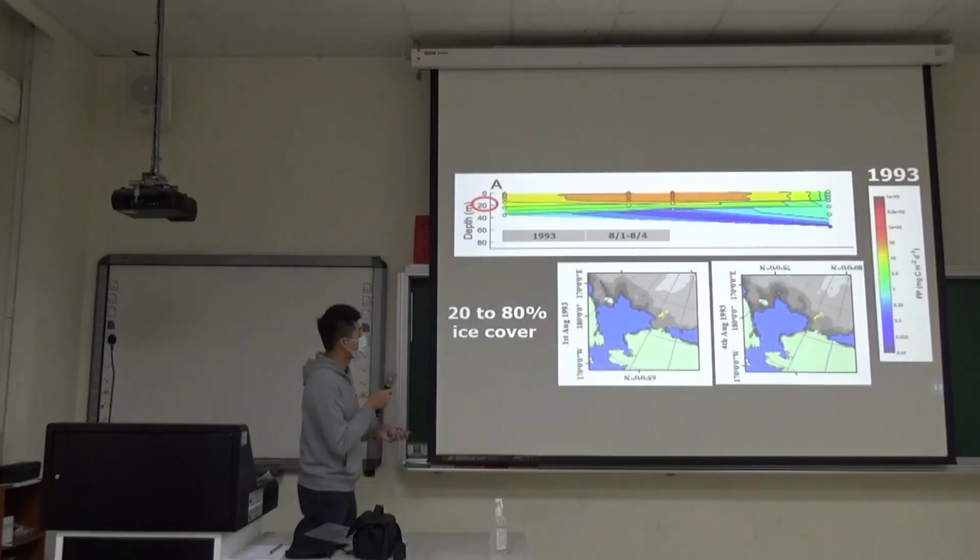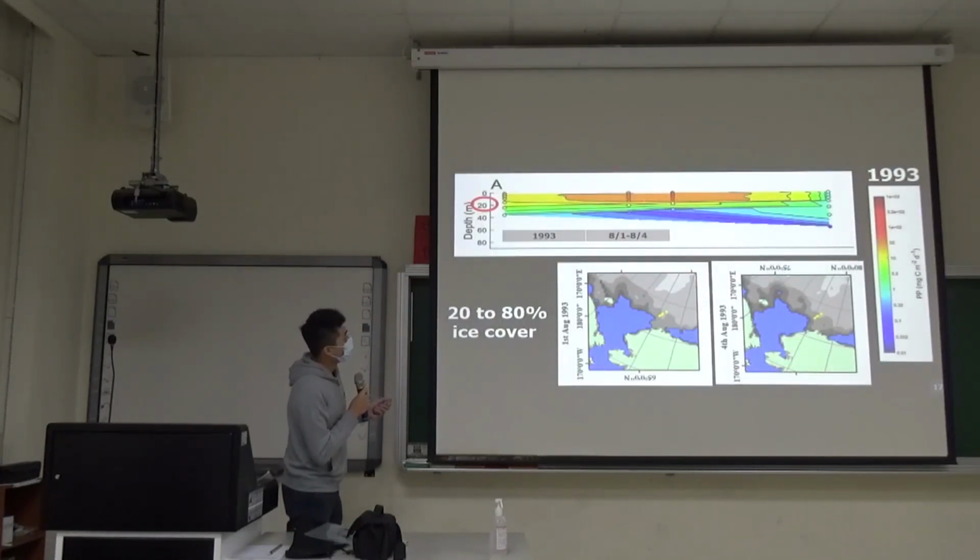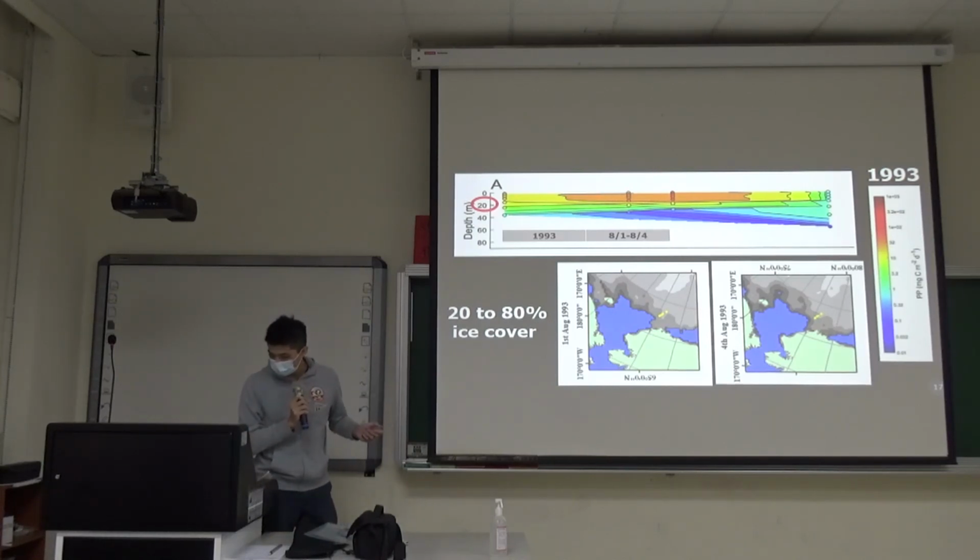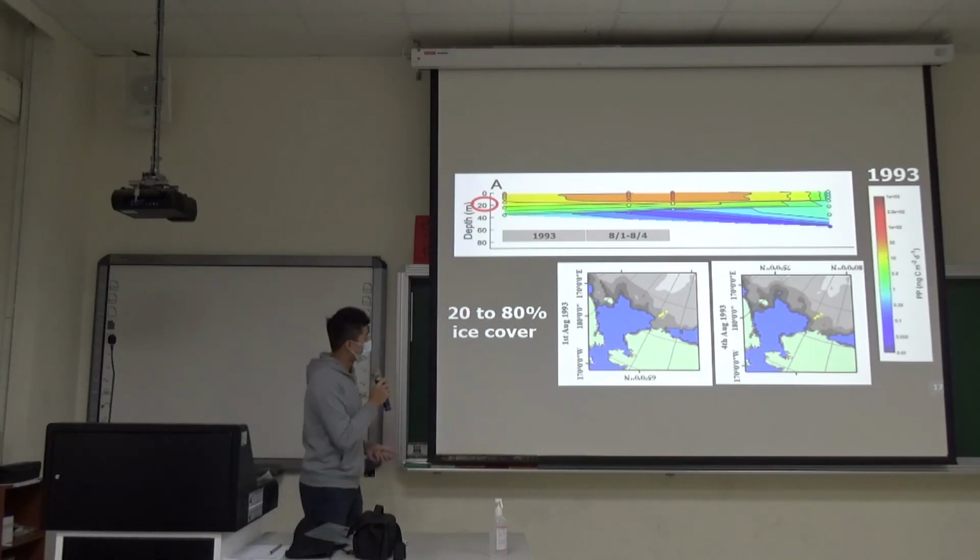So from 1993, we can see that we have a relatively high PP above the 20 meters. And we think it is the very beginning of the phytoplankton growth.